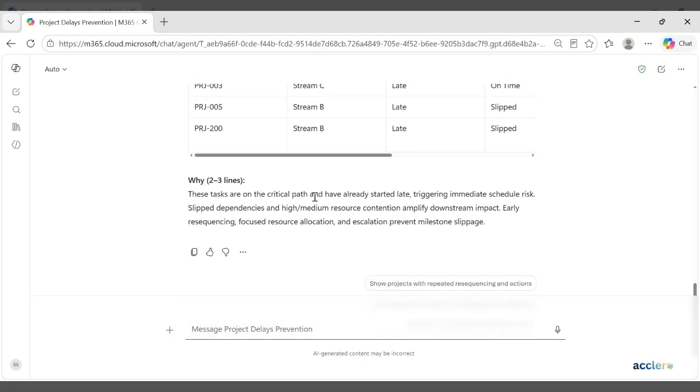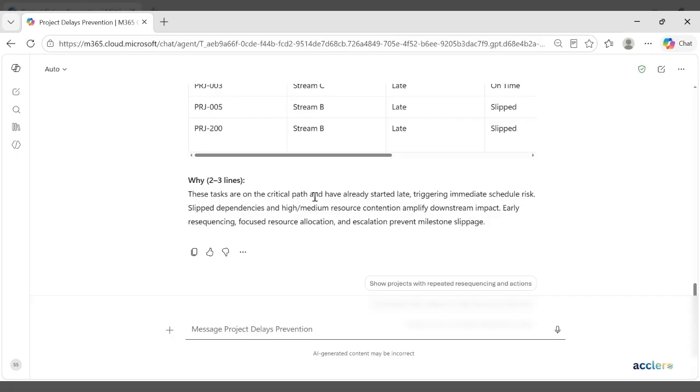So why these are because these tasks sit on the critical path and have already started late, so they directly threaten the milestone dates. The medium to high resource contention and the repeated resequencing signal execution strain that will worsen without intervention.